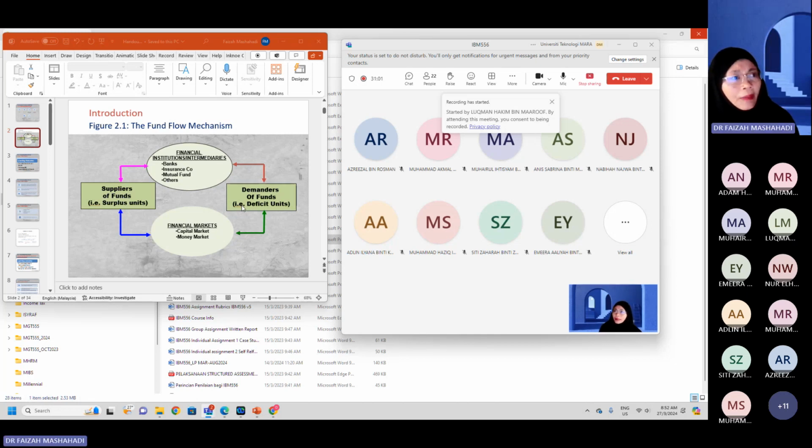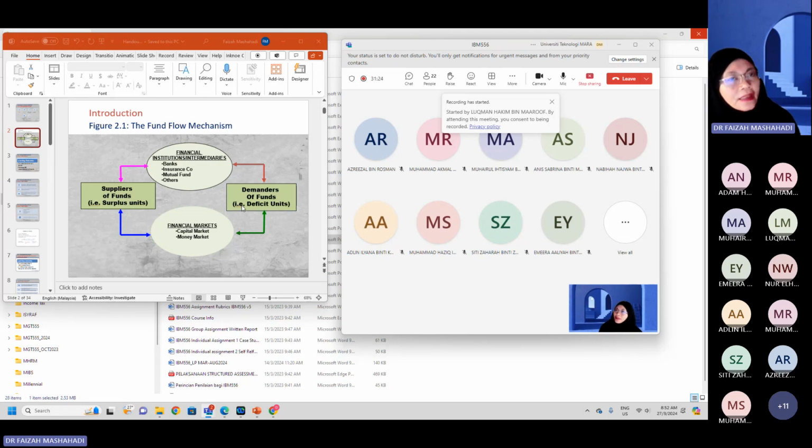Let's say we have a company and we need 1 million ringgit Malaysia. We wish to sell these bonds to Petronas, for example. So we can target Petronas as our buyer of the bonds. It is possible to do that.